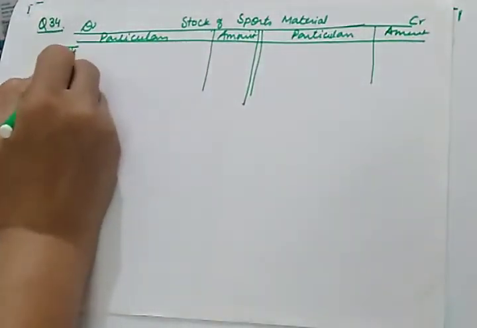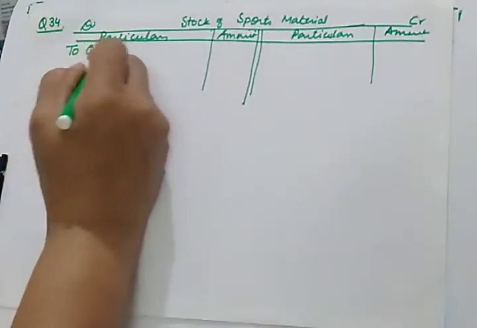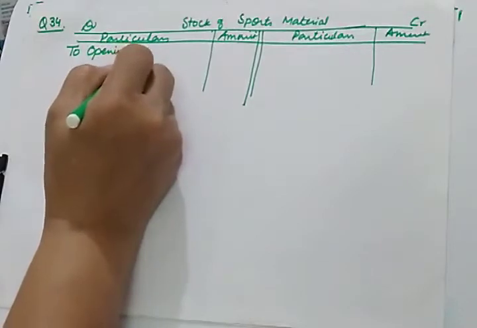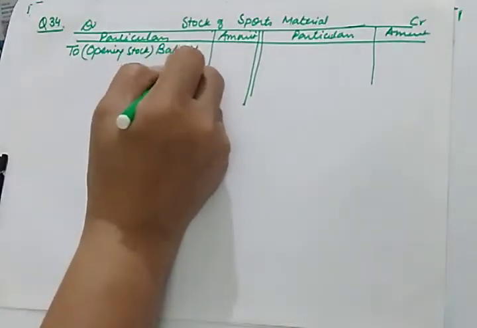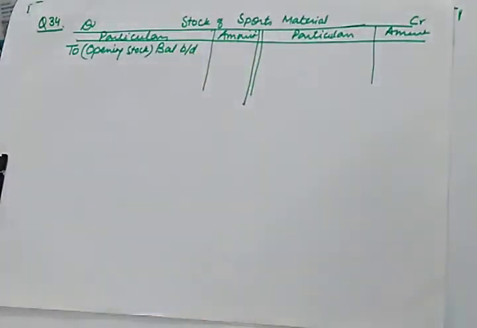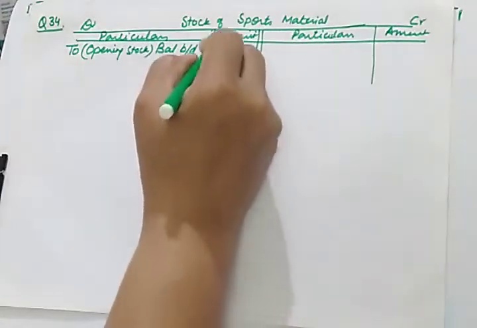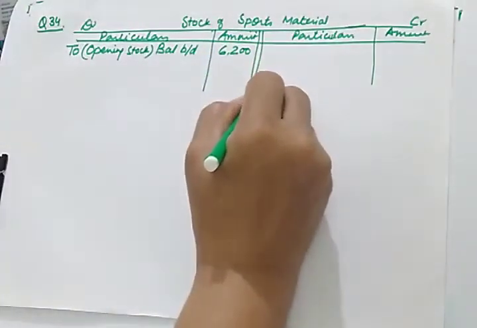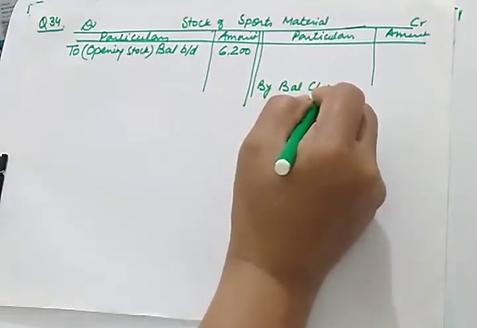So here we'll be recording opening stock. So how to write opening stock? We used to write opening stock to balance brought down. What is the opening stock which is given to us in this numerical? 6,200. And closing stock is also given to us by balance carried down.